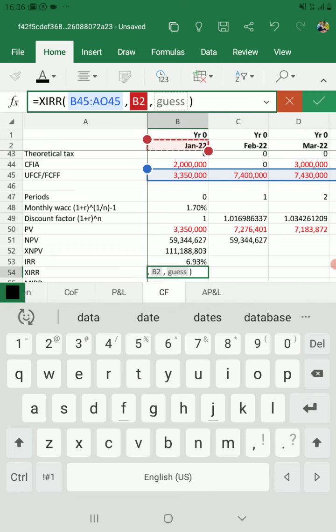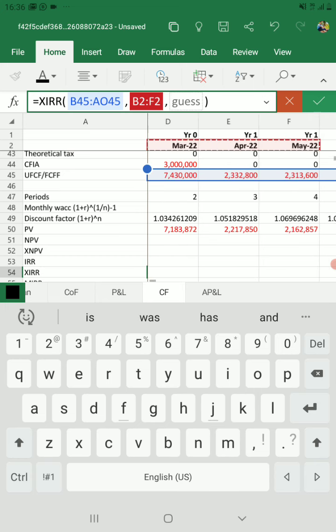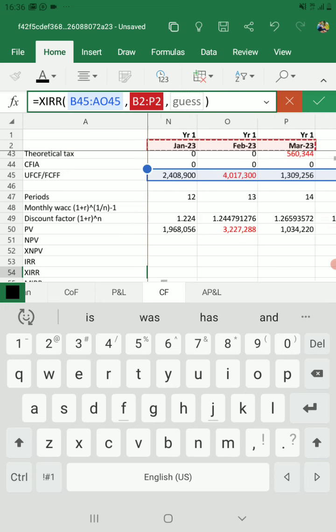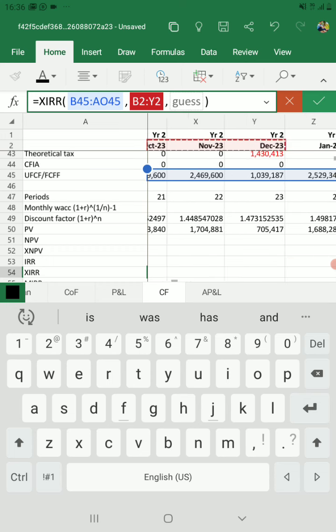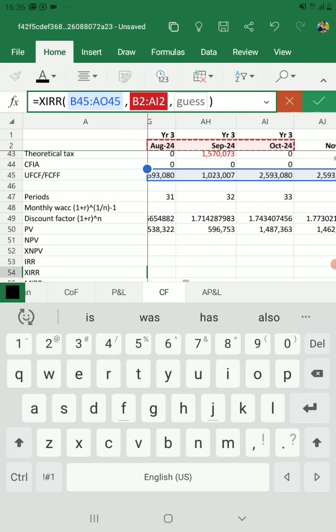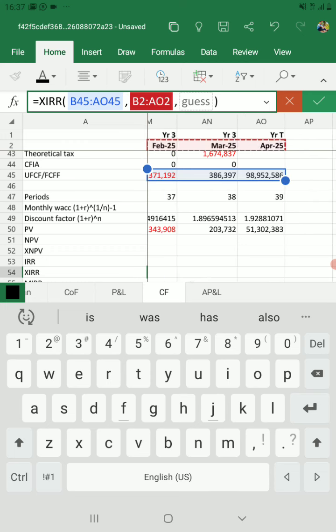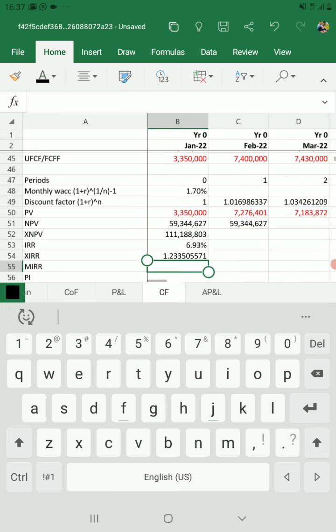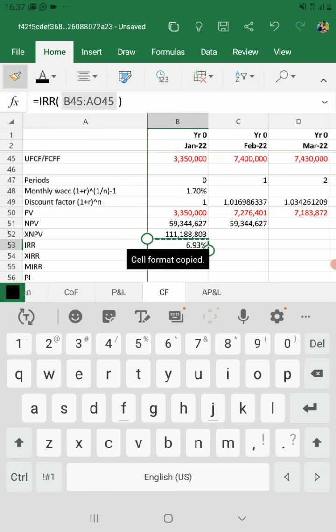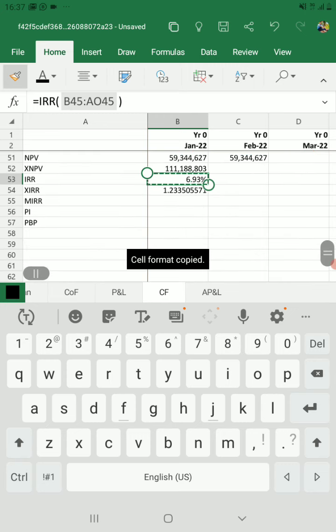Dates from there, January up to the end of our projection period. Here, press enter. So that is our XIRR. Let me put in this format. I copy this format.